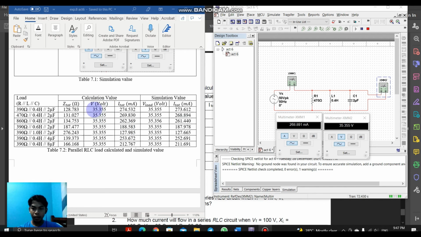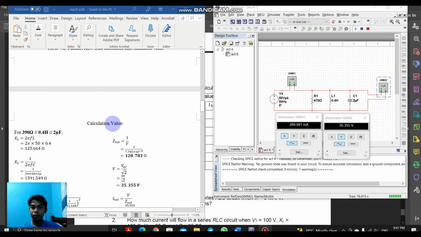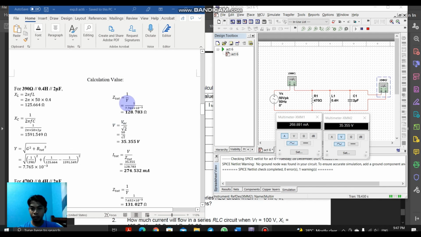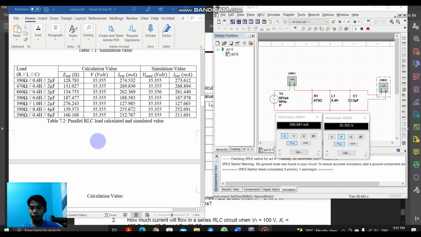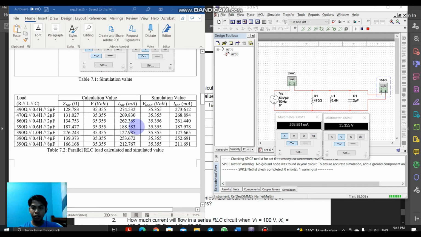As for the calculation value, we need to do the manual calculation, and below here are the step by step for the manual calculation, and these are the results for the manual calculation value. So that's all for activity 6 and for our experiment 8. Thank you for watching.